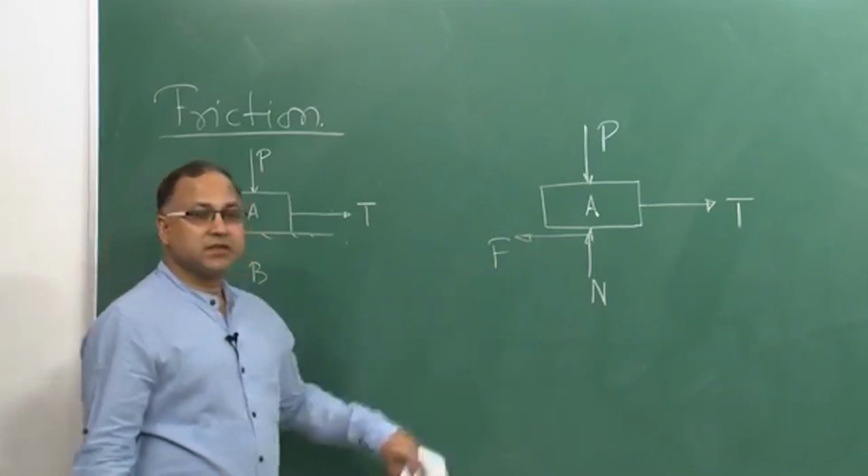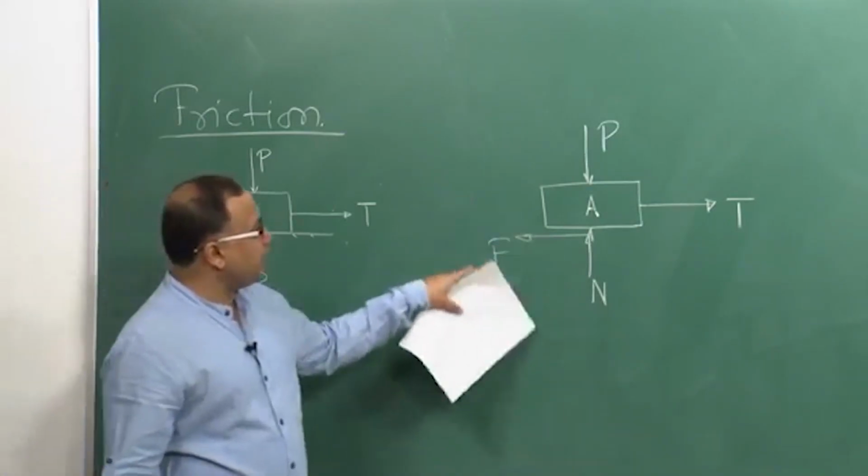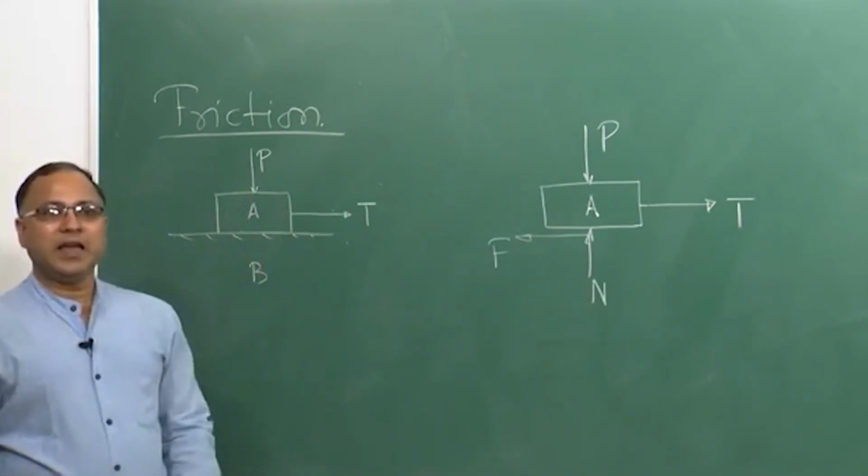This frictional force is say F. So, this is the free body diagram of block A.